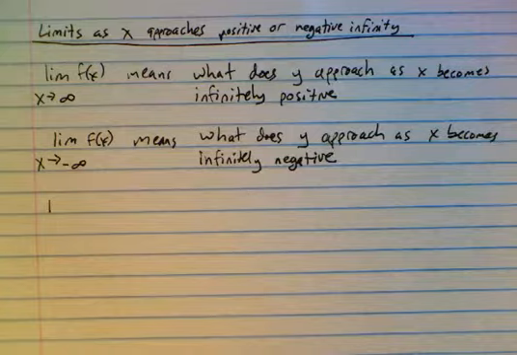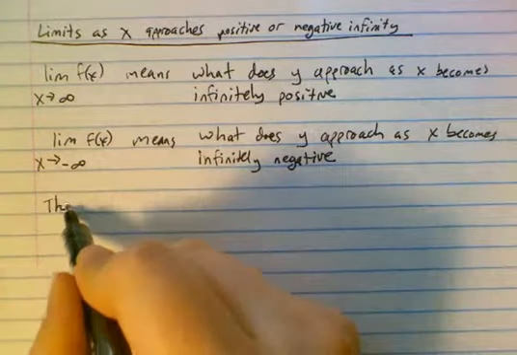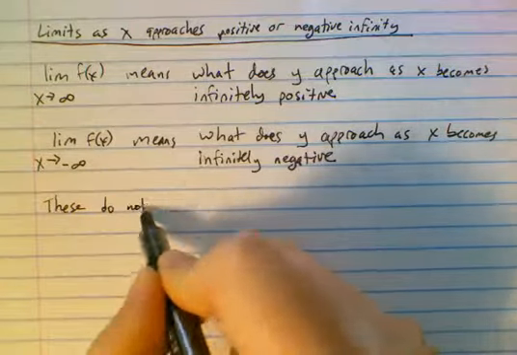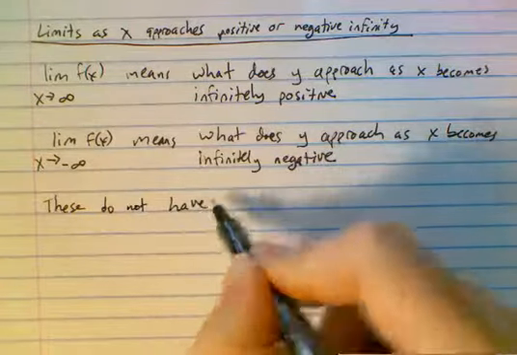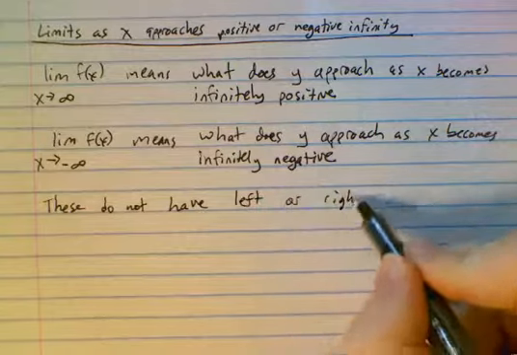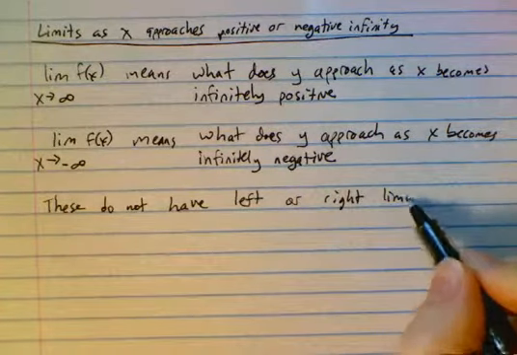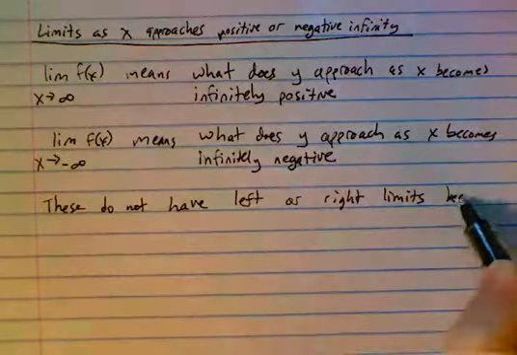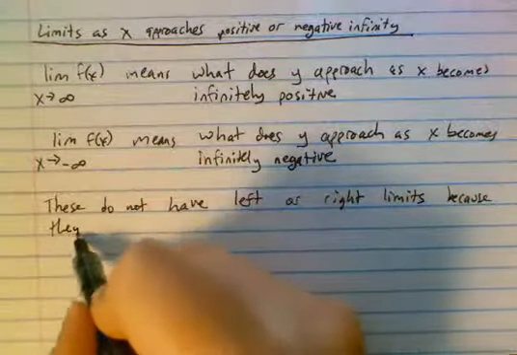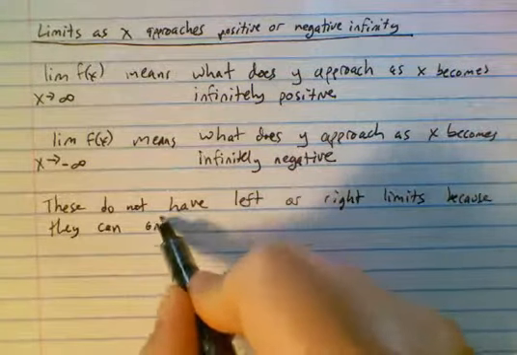There's only going to be one approach. So these do not have left or right limits because they can only be approached one way.